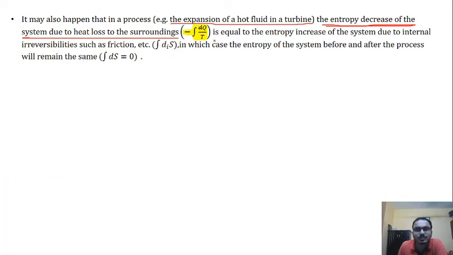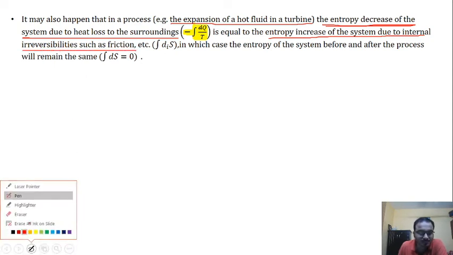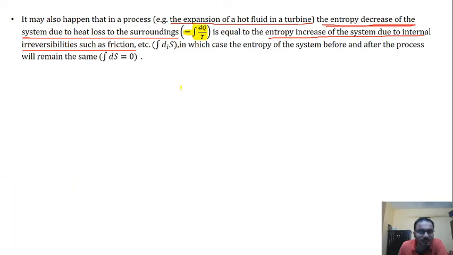And this entropy decrease that is happening in the system is equal to the entropy increase of the system due to internal irreversibilities such as friction. So here, and it is given by this formula.